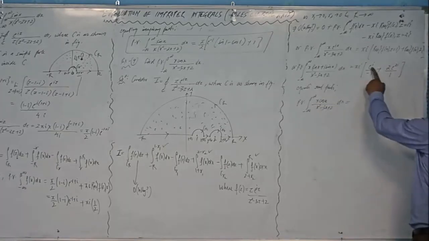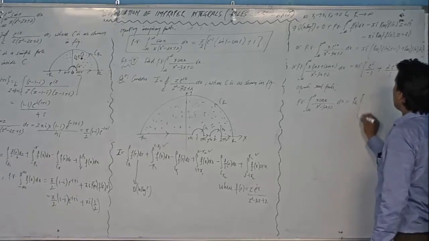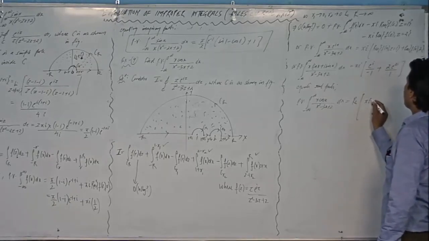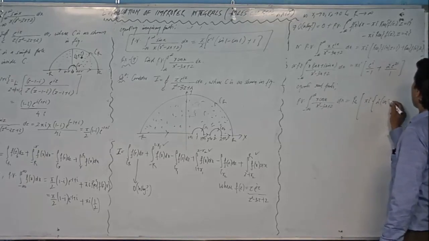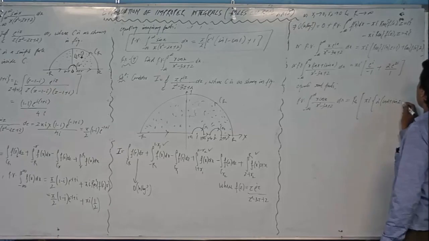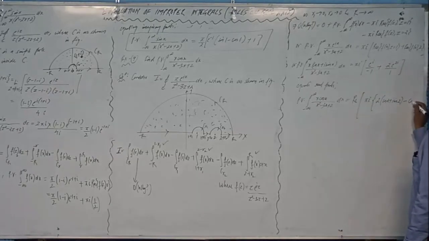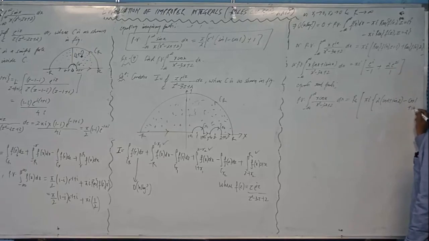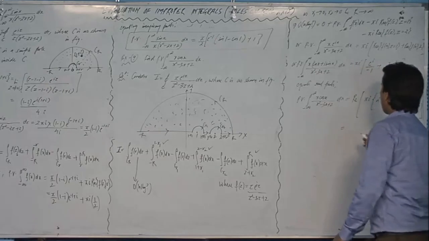I should write the real part of this whole thing, pi i. First I will write this as 2 (cos 2 plus i sin 2), and then minus (cos 1 plus i sin 1), right? Now I will pick up the real part only.